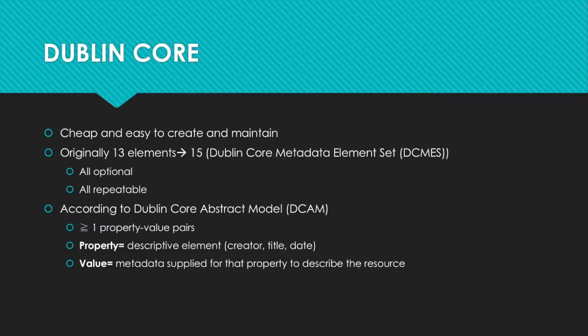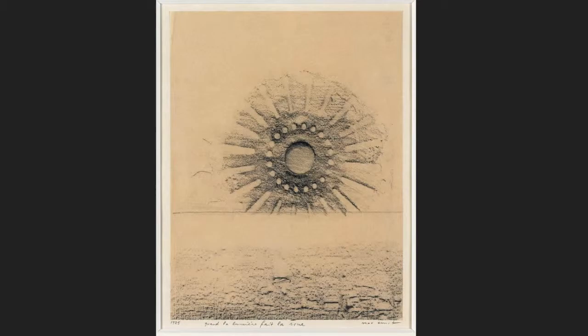So any resource that you want to have retrieved, logically enough, will need to have at least one of these pairs, because you want to have the descriptive element, such as creator, title, and date, and the value that correlates to that. So the creator, for example, might be Pablo Picasso for a painting. So the property of that would be creator, and the value would be Pablo Picasso.